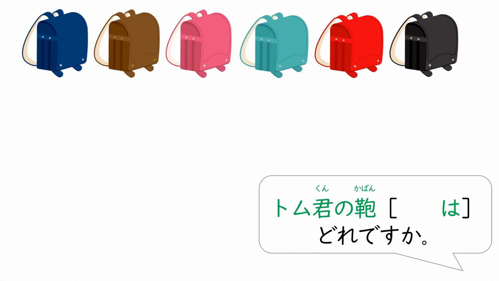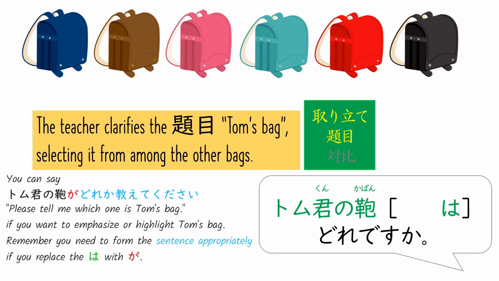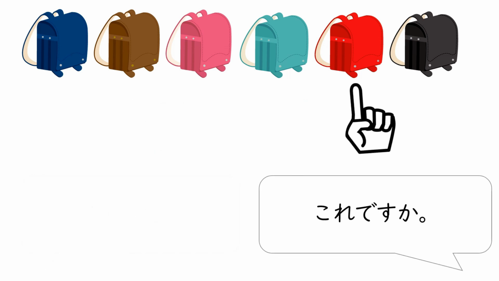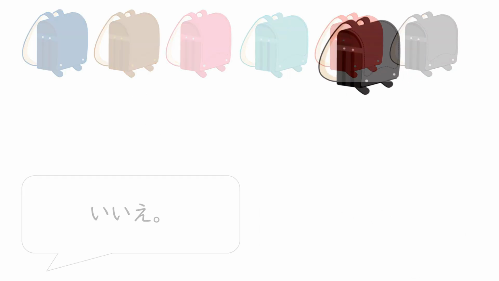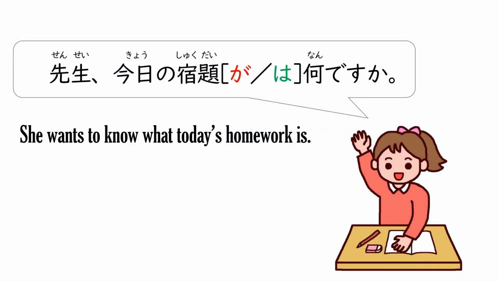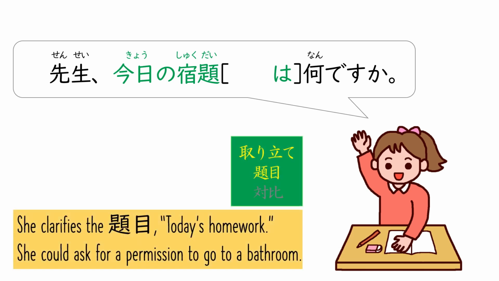トム君のカバンはどれですか？ The teacher clarifies the 題目, Tom's bag, selecting it from among the other bags. これですか？ いいえ、これですか？ いいえ。これがトムくんのカバンです。 This one comes to the front of the speaker's mind. 先生、今日の宿題は何ですか？ She clarifies the 題目, today's homework.